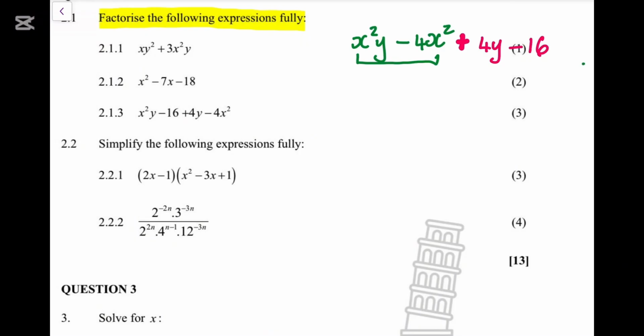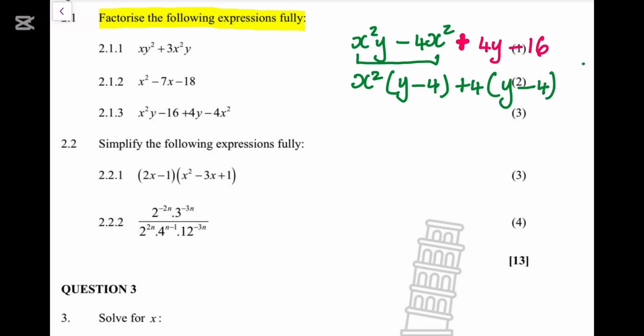So now, from the first 2 terms, we can take out the common factor. The common factor will be x squared. So if x squared is taken out, we are going to remain with y minus 4. And then in the last 2 terms, we can take out the common factor, which is 4, because in 4 there is 4. Even in 16 there is 4. So we have 4 as a common factor, and then we are going to have y minus 4.